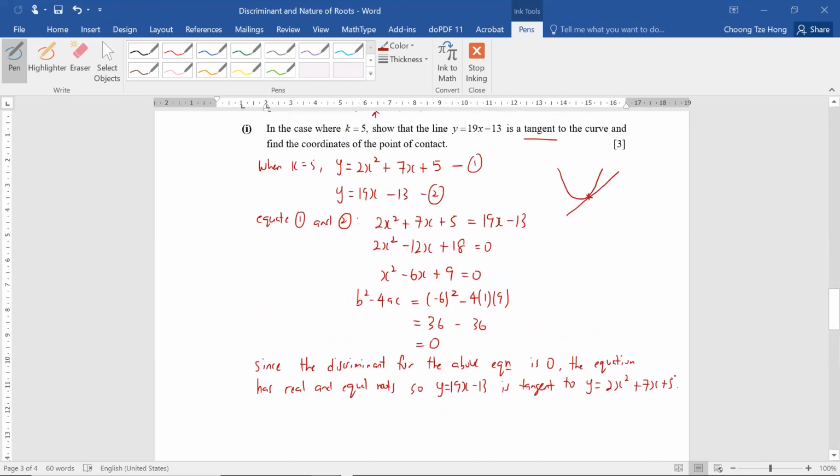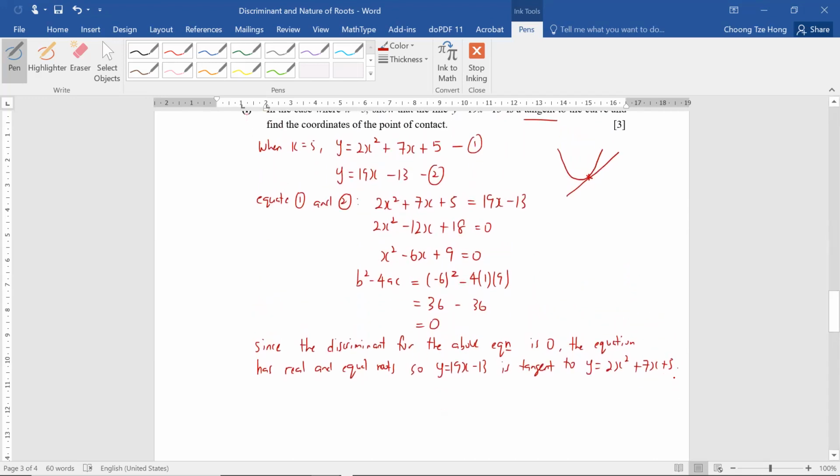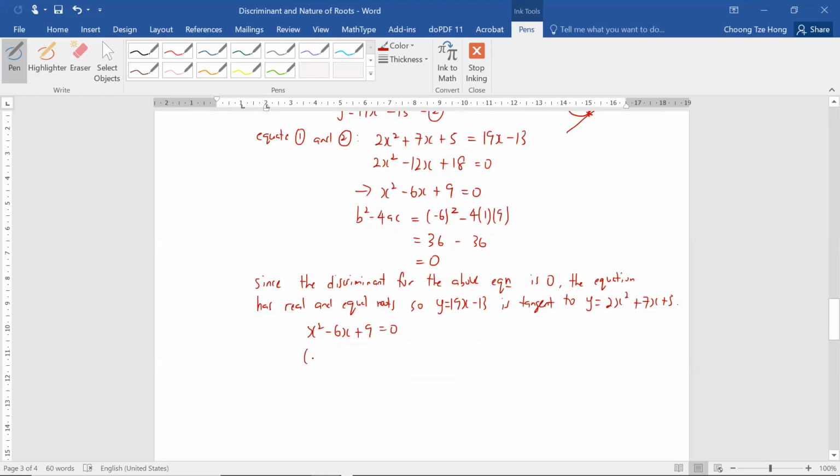Then they also want us to find the coordinates of the point of contact. So all we need to do is solve this equation now. Then we will be able to find the x coordinate. This one can be factorized, so we get this. So this means that x will be equal to 3. Then you just substitute x equals 3 into maybe equation 2.